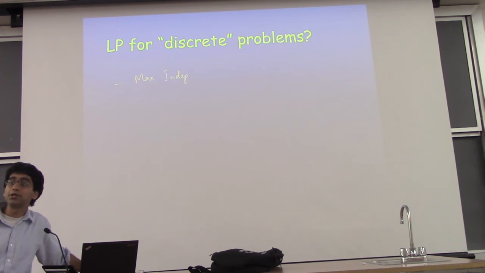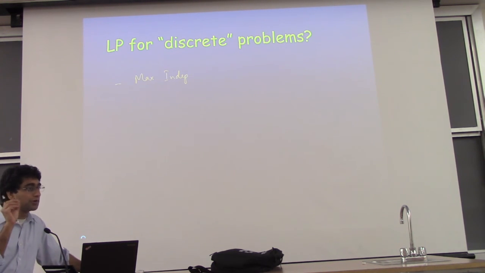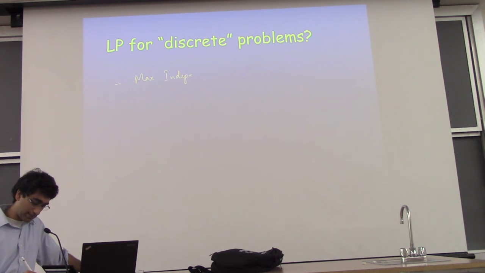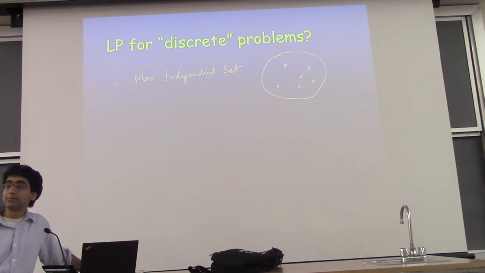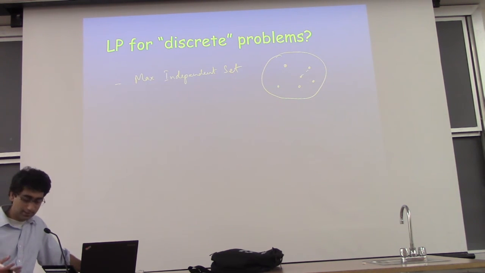These are basically combinatorial problems, where the object you want to select is some combinatorial object, like max independent set. Here you have a graph and you want to pick some vertices so that no two of them have an edge. This is the maximum independent set problem.